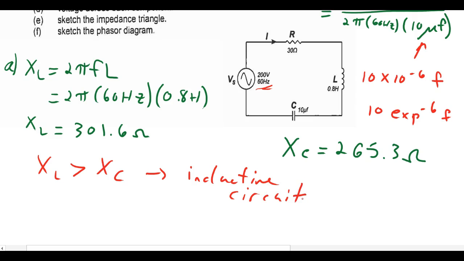And we wish to calculate now the net inductance. The net inductance is always the difference between XL and XC, and in this case XL subtract XC, and it will be net inductive.